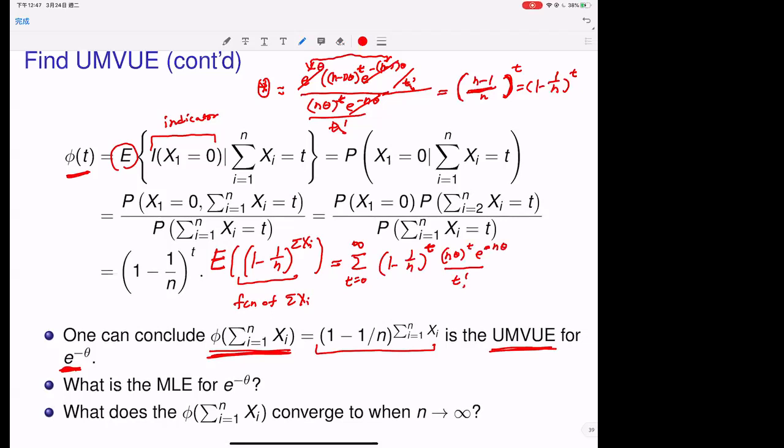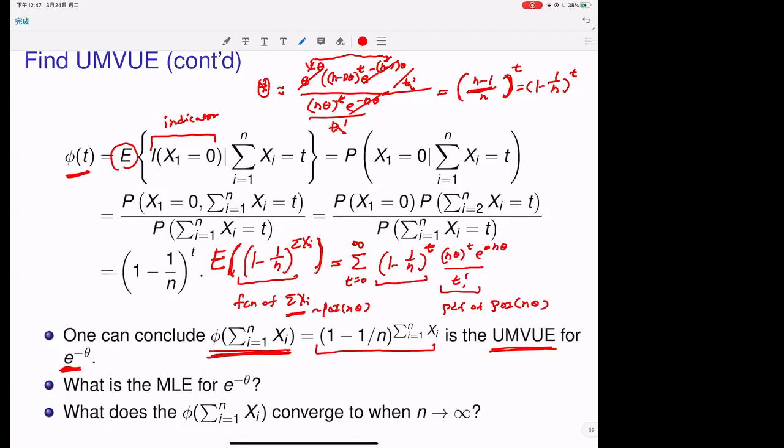Again, the inside of the expectation is a function of a random variable whose distribution I do know. I know the summation of xi follows Poisson n theta. So I can use its PDF, times the function, by the definition of expectation.